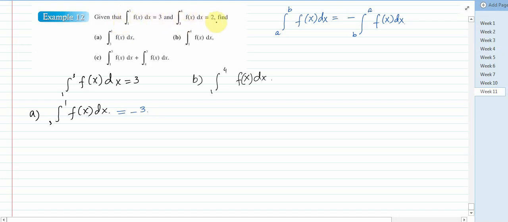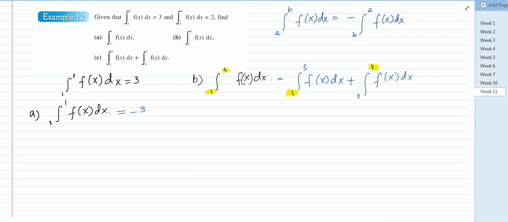So if you need to go from 1 to 4, you can say that first I will travel from 1 to 3 f(x) dx, and then from 3 to 4 f(x) dx. So ultimately we reach from 1 to 4, which is what is asked in the question. So the integral of 1 to 3 f(x) dx is 3 plus the integral of 3 to 4 f(x) dx is 2. So the answer is 5.